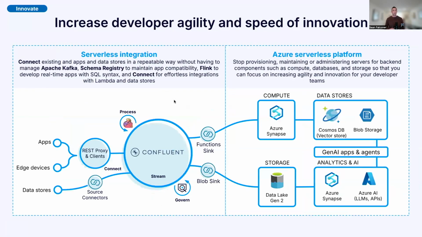And then finally, you want to be able to connect all your existing apps, things like edge devices and your data stores, into data streaming, and govern them as close to the source as possible, so that you're using data streaming to clean the data and get it ready for use by AI applications as well as your analytics layer. So you're not just dropping dirty data downstream, but you're having it ready to be consumed by all those great AI tools immediately as soon as it's available.